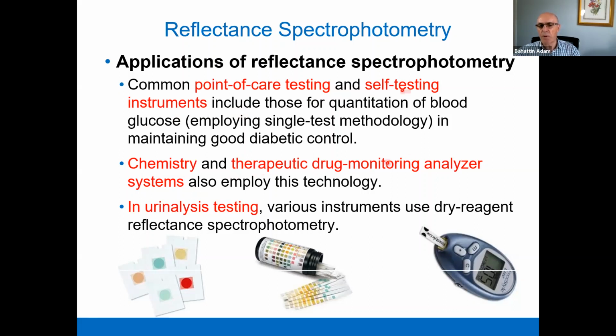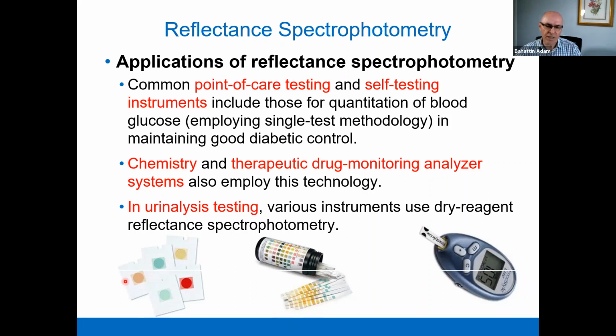Chemistry and therapeutic drug monitoring analyzer systems also employ this technology. Urine analysis, as you see, these test strips for urine are also based on this technique. That means there are lots of tests based on the reflectance spectrophotometer that we use in therapeutic drug monitoring and in chemistry, which we call dry chemistry.